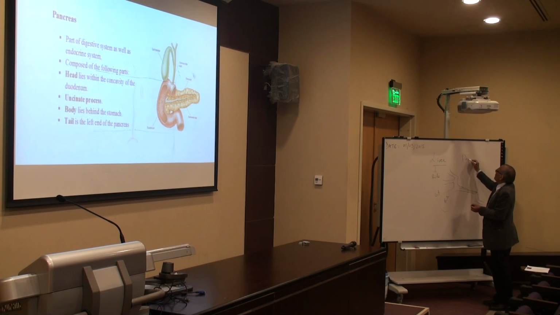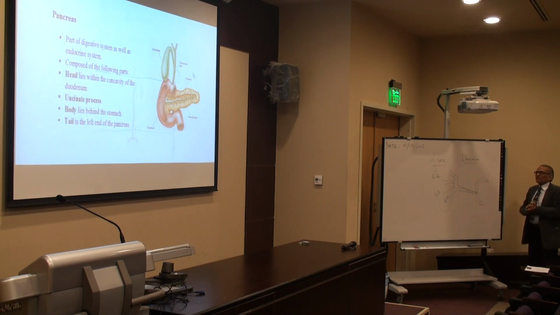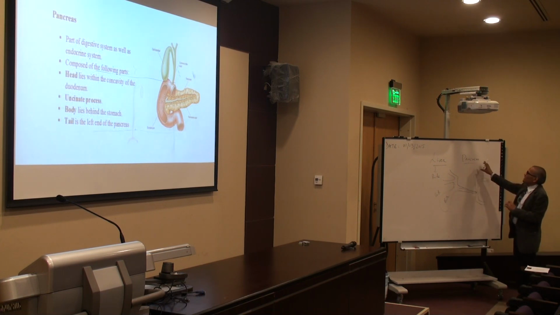The third important accessory gland which adds chemical compounds to the digestive process is the pancreas. And very interestingly, this gland has two portions, what we call the exocrine portion and the endocrine portion.